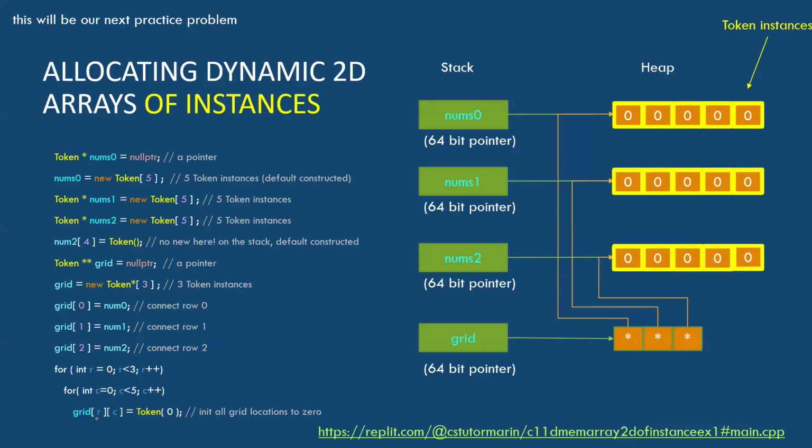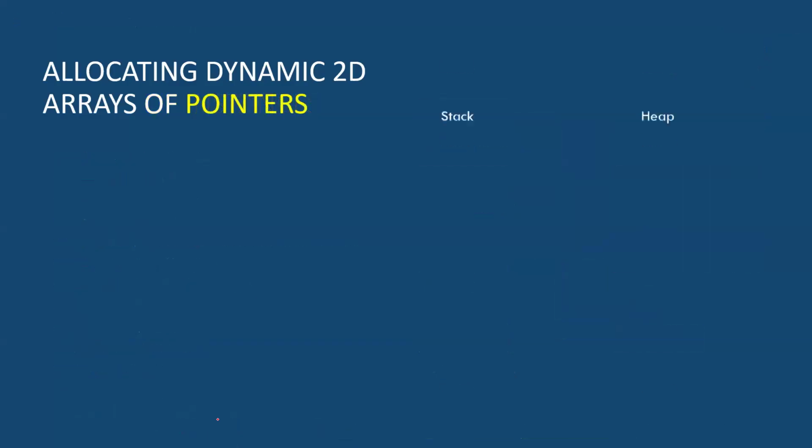But again, I could have said grid RC dot letter equals something, right? And reached inside of the box and modified just a piece of that token, right? That would have been fine. Equals X or whatever, okay? So that's an important insight, that you can copy over the top of an entire instance with another instance. That's okay, okay?